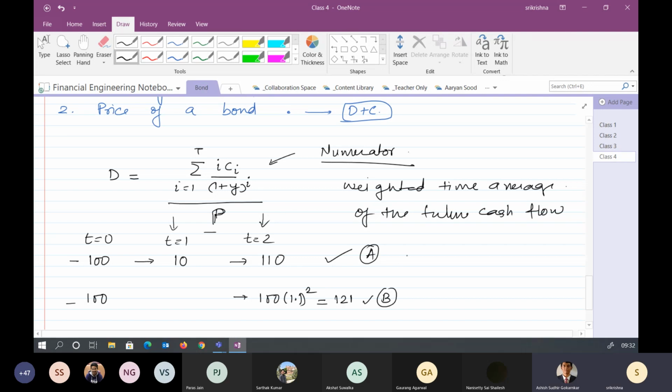So simply I would say it would be 1 into 10 divided by 1.1, plus the second would be 2 into 110 divided by 1.1 square. Here it will be directly 2 into 121 divided by 1.1 square.